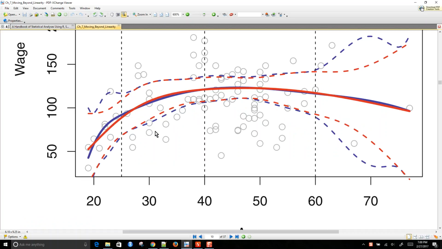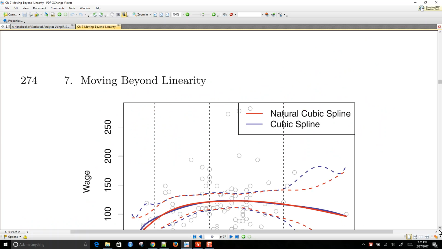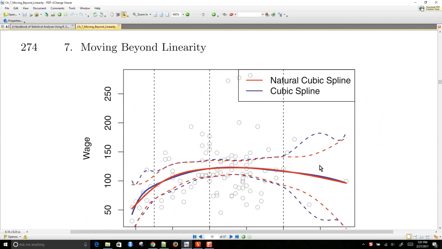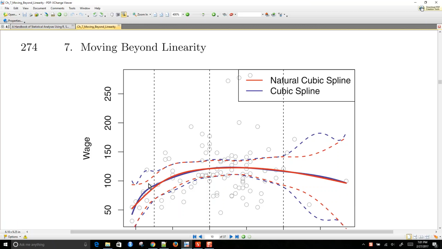That would be called a natural spline, to reduce some of the variance that we might see. On your black and white copy it's hard to see, but the natural cubic one is a straight line here, versus the regular old cubic that can be curved.